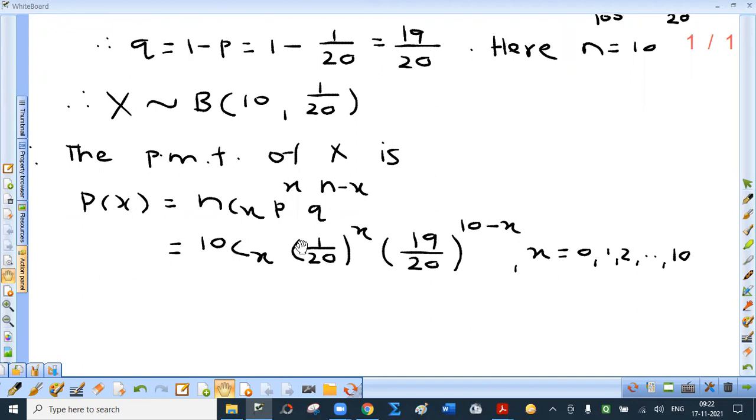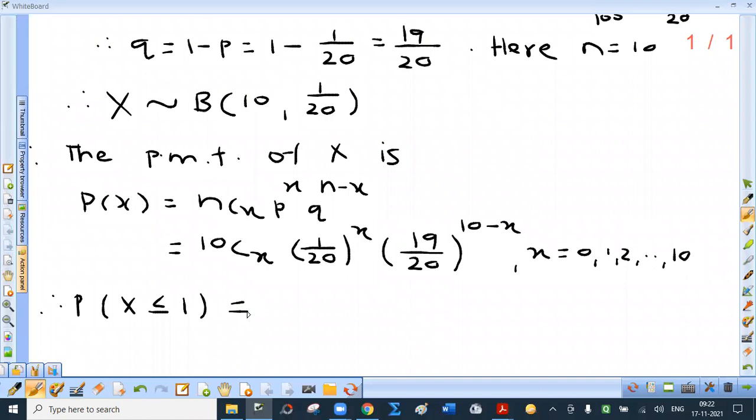Now, what is asked? Not more than one defective item. Okay. So required probability is P of x less than or equal to 1. I hope you are getting this. What is asked?